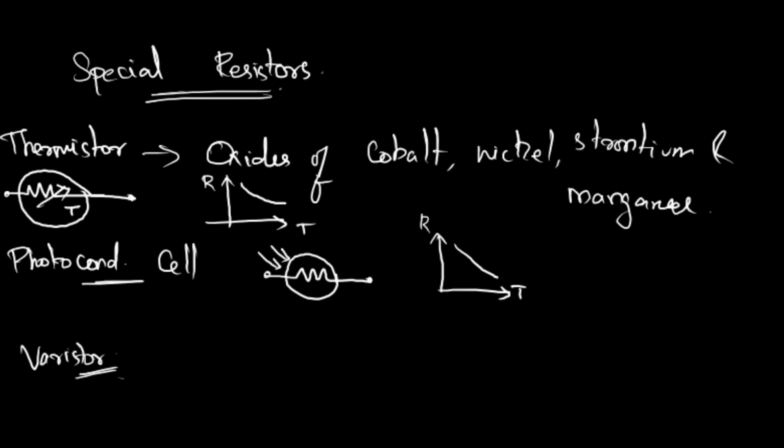Varistors are voltage dependent nonlinear resistors used to suppress high voltage transients. So these are all the types of special resistors. Thus we have discussed resistance, its symbol, unit, expression for resistance, temperature sensitivity of resistance, inferred absolute temperature, and various types of resistors and special resistors.